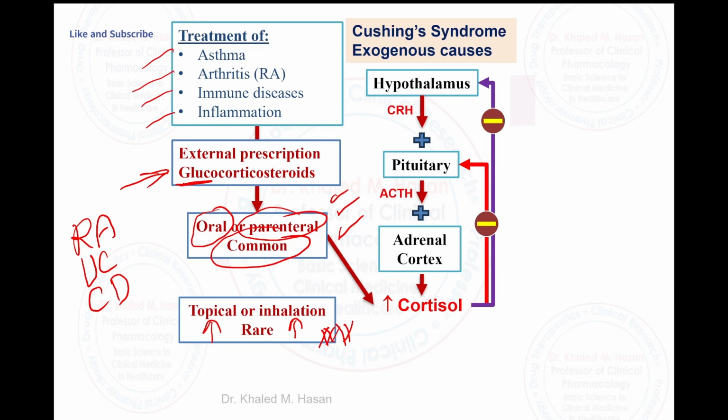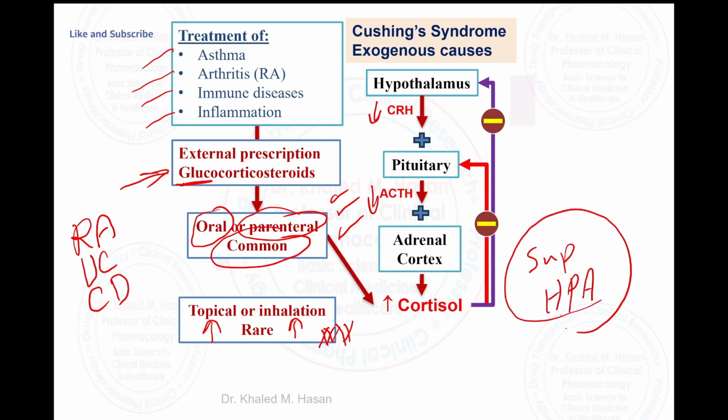This will lead to decreased secretion of ACTH and CRH, and the patient suffers from suppression of the HPA axis. So it's very important, when you decide to stop the medication, to do it gradually to avoid acute adrenal insufficiency.